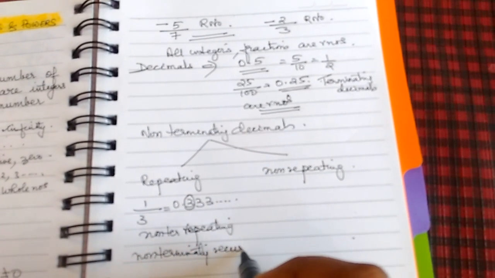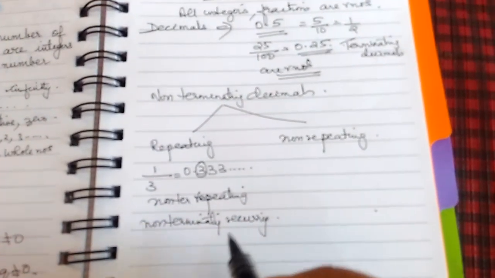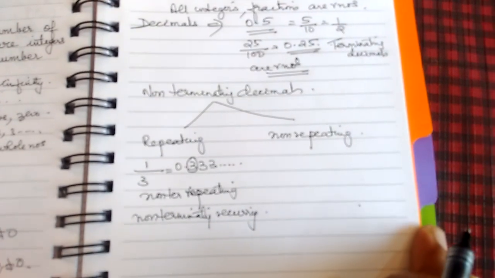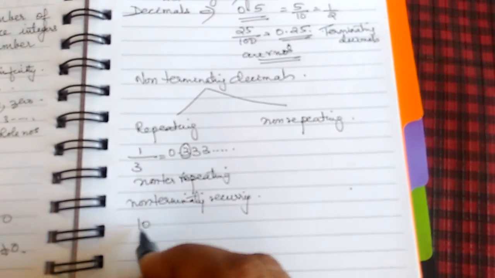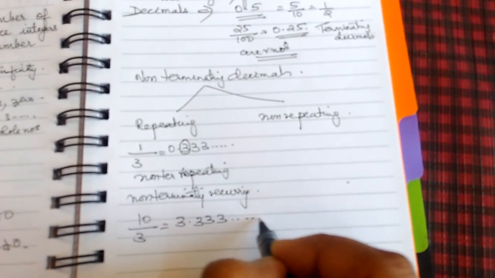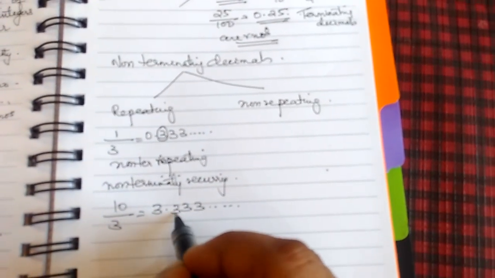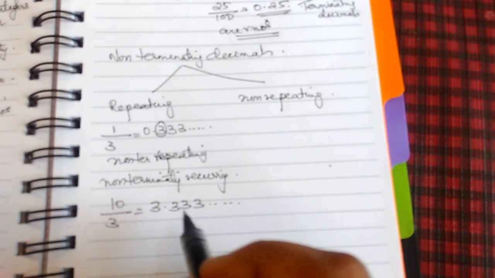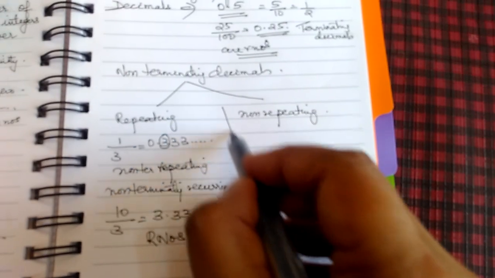It recurs. Such kinds of numbers are called rational numbers. Suppose I say 10 by 3, what is it? 3.333, etc. This never ends and the number is repeating, so they are called rational numbers.